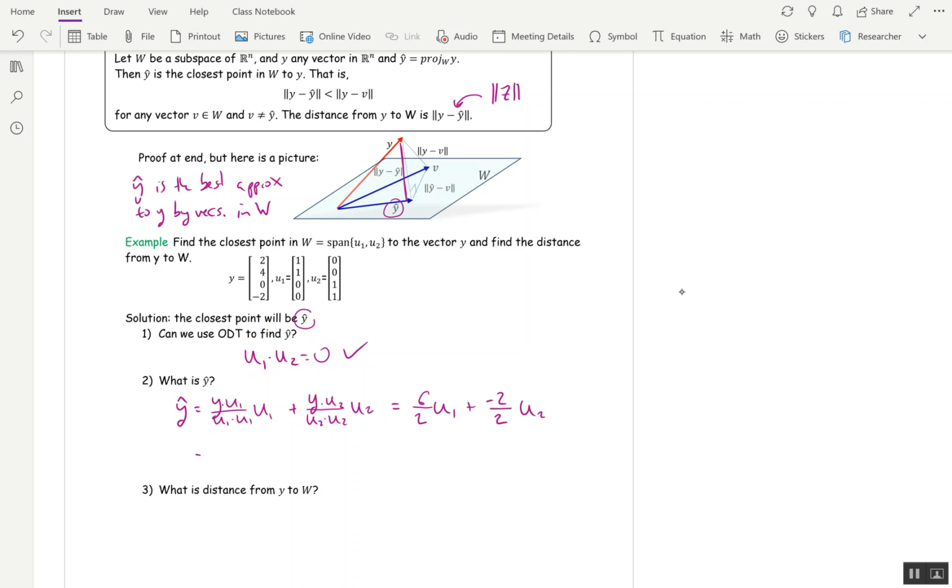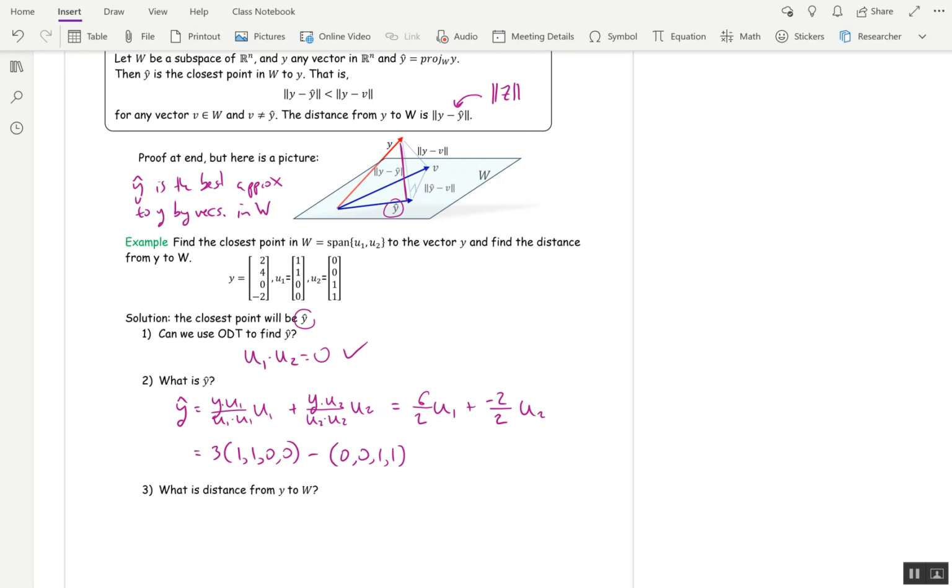So we're going to have 3 times u1, and u1 is 1, 1, 0, 0, minus u2, which is 0, 0, 1, 1. You notice I've switched again to linear notation just to save space, and I'm fine with you doing that in your work too.